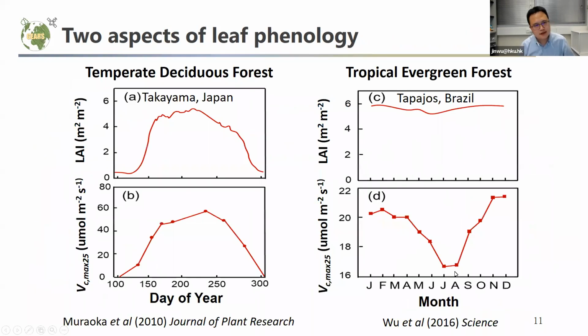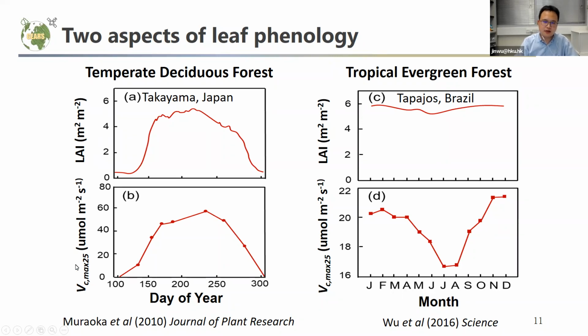So based on this, I would like to use both the temperate region and also the tropical region as examples to show that when we talk about the two aspects of leaf phenology, they seem quite generalizable and also quite common in both temperate forests and tropical evergreen forests. The two aspects we highlight here: one is about the quantity, the leaf quantity perspective, approximated by leaf area index.